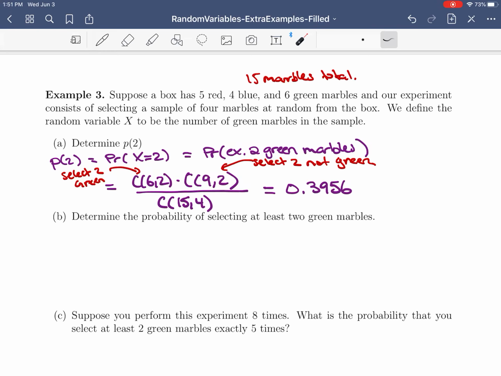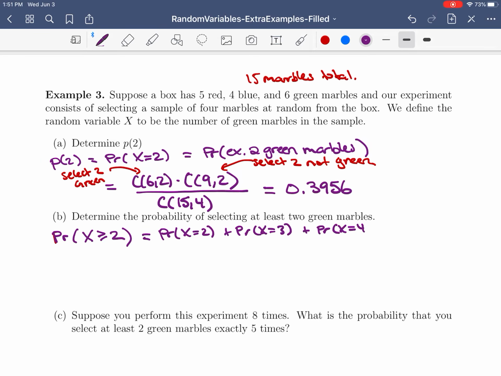Okay, now what's the probability we get at least 2 green marbles? So this is the probability that our random variable X is at least 2. So there's 2 different ways to do this. We could do the probability X equals 2 plus the probability X equals 3 plus the probability X equals 4, because the most we can get is 4 since we're only selecting 4 marbles.